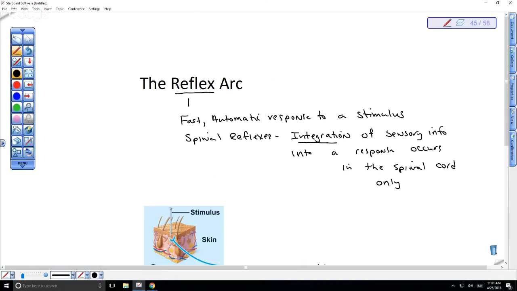Okay, so what that means is it doesn't involve the brain. So spinal reflexes do not involve the brain at all.